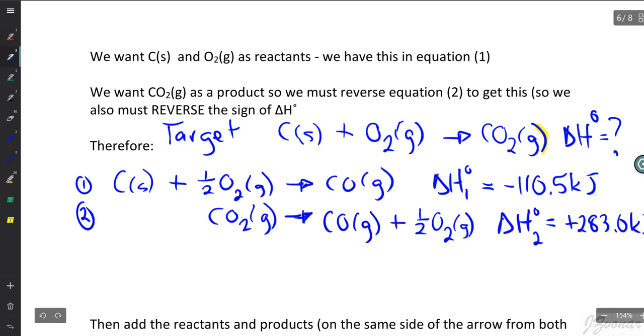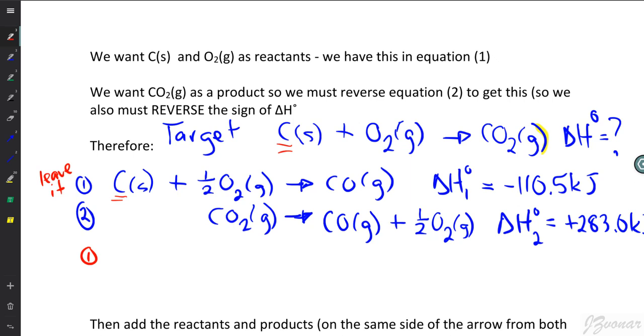So we need to look at each equation individually to achieve my target equation. So looking at equation 1, it's the carbon that we're interested in here. All right, and carbon in the target equation is on the correct side. Both of them are reactants and both have coefficients of 1. So I'm going to leave it as it is.